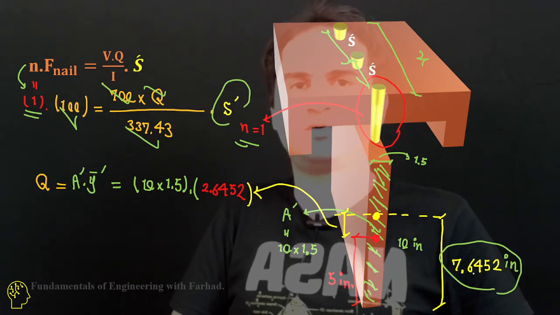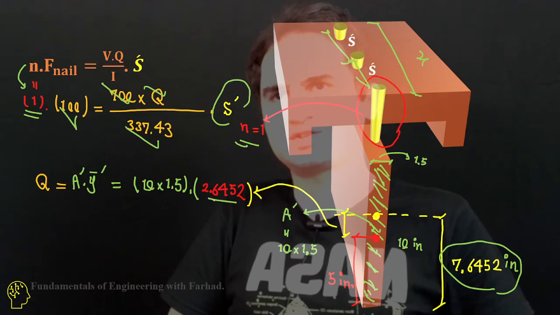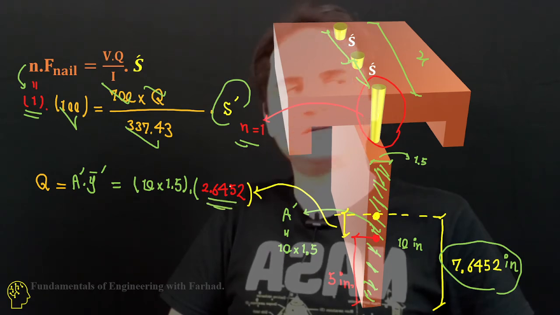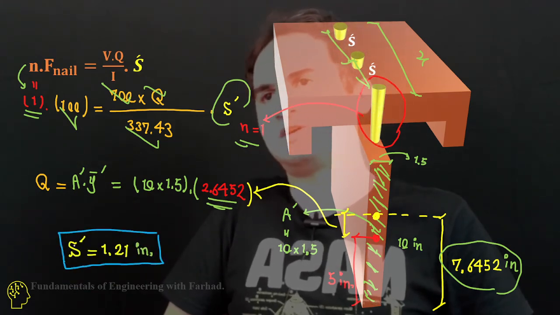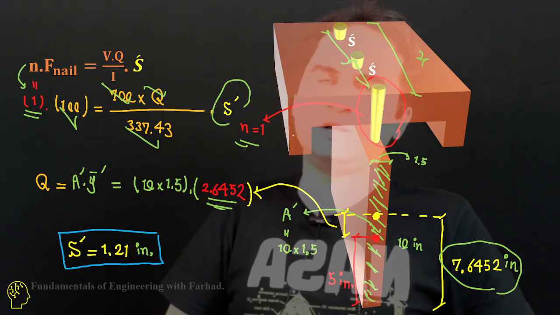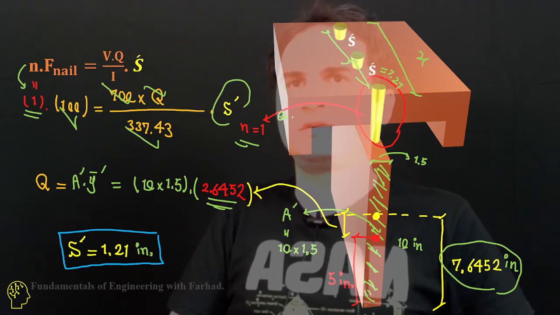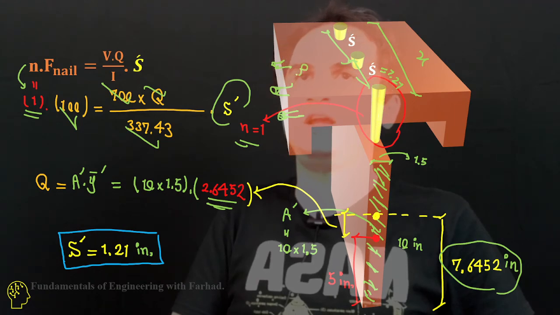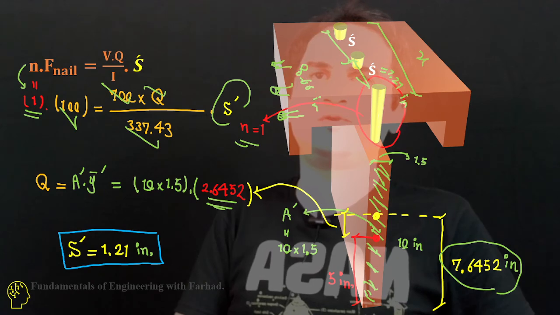That's 7.6452 inches. So this distance translates here, and if you place it in the equation, it gives us a distance of 1.21 inches. If you remember, the other nailing spacing is something like 8.66 inches, and this one is 1.21.